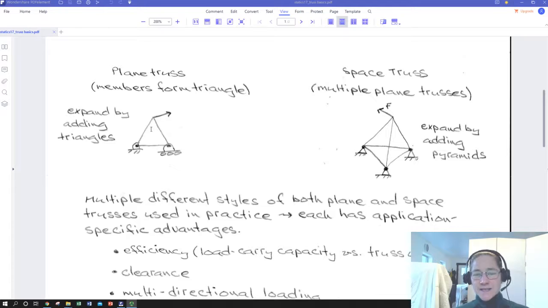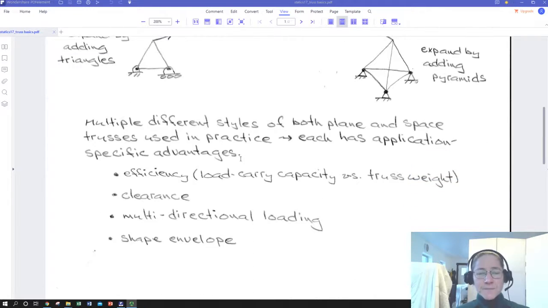In each of these cases, we can build from our simple truss, either our triangular plane truss or our pyramidal space truss, by just adding more of the same unit. So I would add more triangles or add more pyramids, and I could build up any number of different truss styles that are intended for specific applications to optimize different needs.